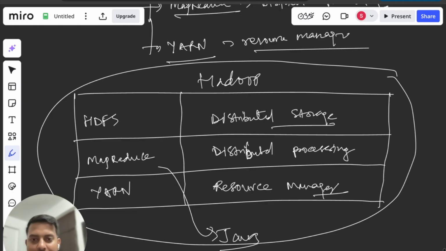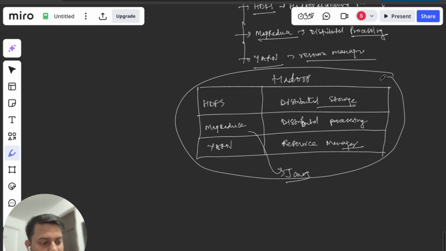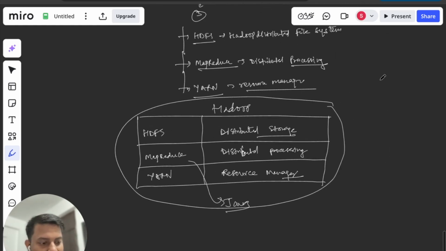What technologies are they? Treat these as the core components. What else do we have? We have Hive.